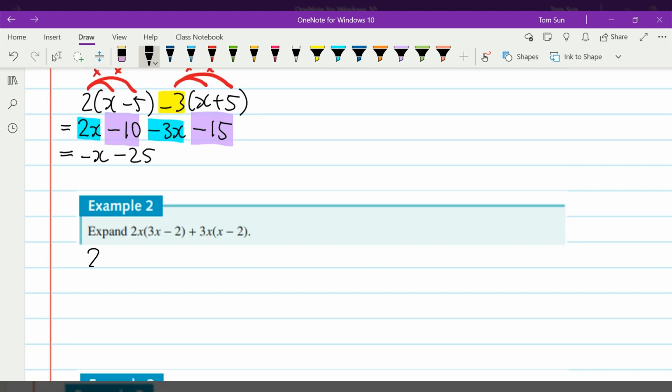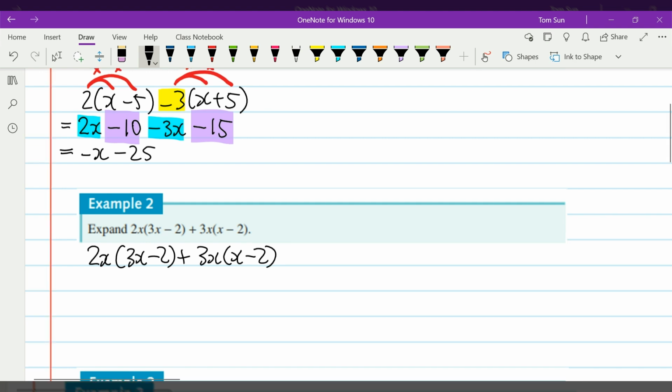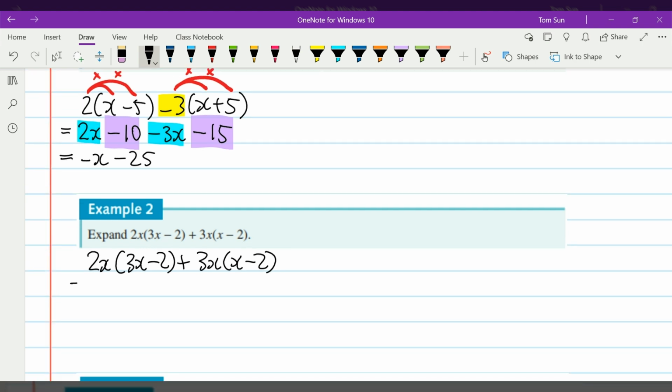Okay, second question, 2x(3x minus 2) plus 3x(x minus 2). Once again, I'm not going to draw the red lines this time. You should know that we're going to expand. So it's 6x squared minus 4x plus 3x squared minus 6x.